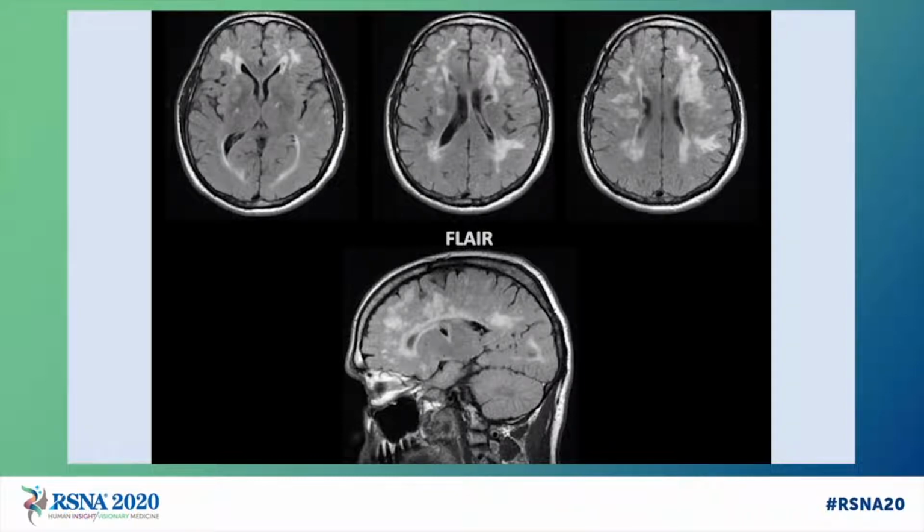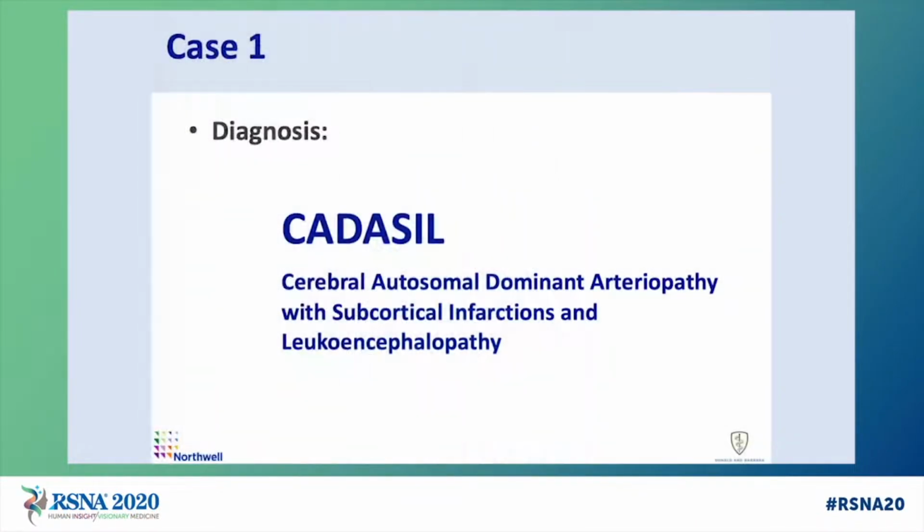There is extensive involvement of the corpus callosum as well. Additionally, there are multiple hyperintense lesions involving the basal ganglia and a cavitated lacunar infarction. The diagnosis for this patient is CADASIL, which stands for cerebral autosomal dominant arteriopathy with subcortical infarctions and leukoencephalopathy.